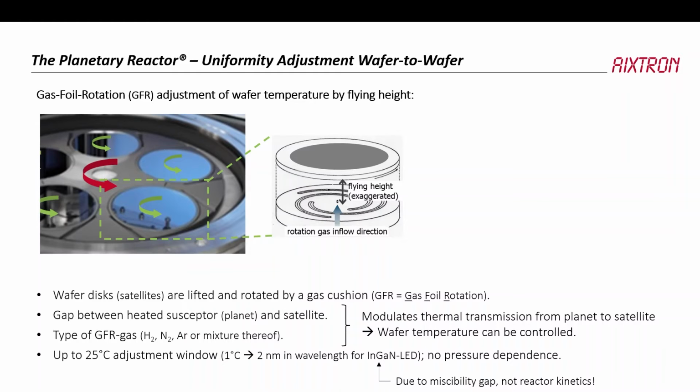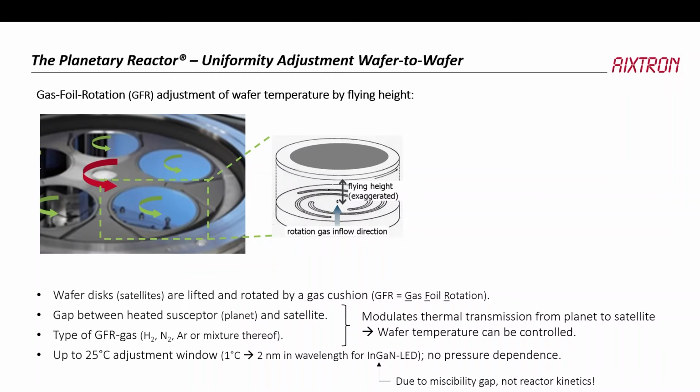And what we also see here is that there's a gap. Obviously, the susceptor is the one which is heated, and the wafer sits on this wafer carrier. And here we have a thermal coupling between the gas foil rotation pocket, if you will, and the wafer carrier.